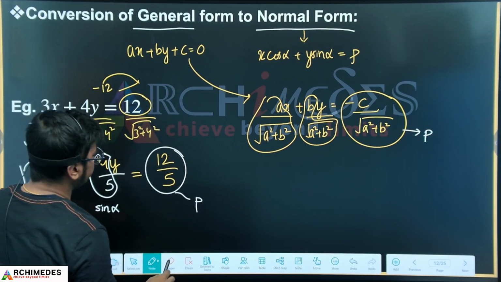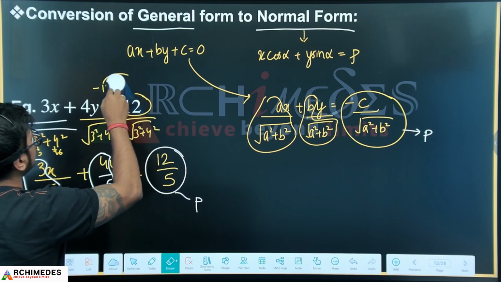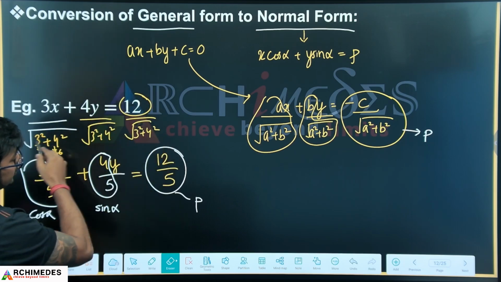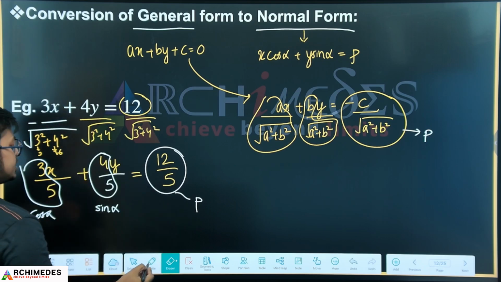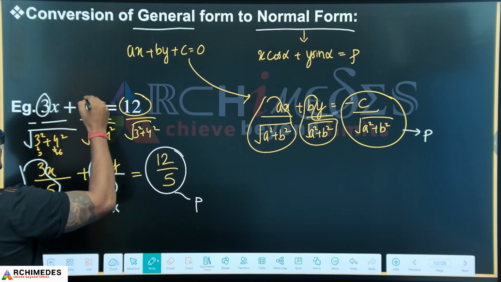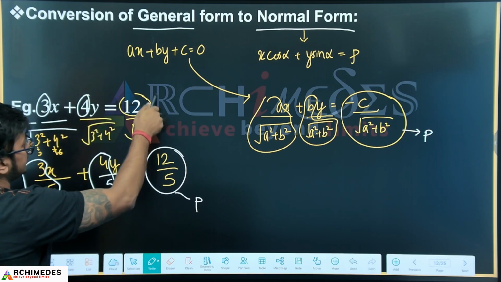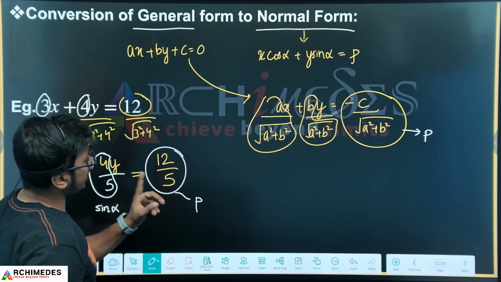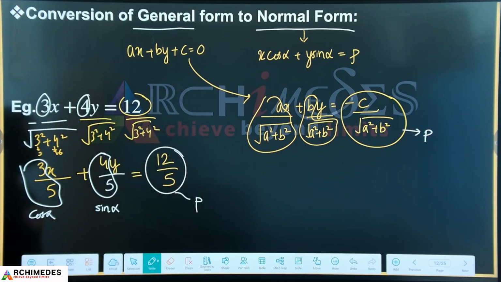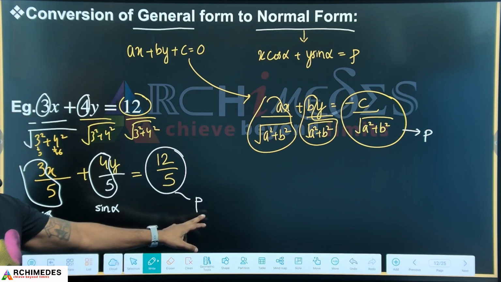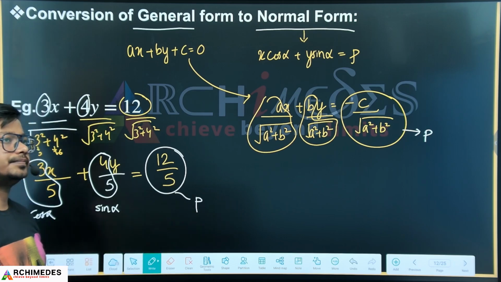After doing that, you always divide both numerator and denominator by under root of coefficient of x square plus coefficient of y square. Then this is known as p. 12 by 5 is p. Am I clear? If it is negative, you still have to take it as positive, because this is a perpendicular distance and it cannot be negative. Clear?